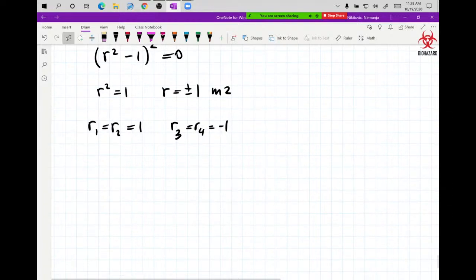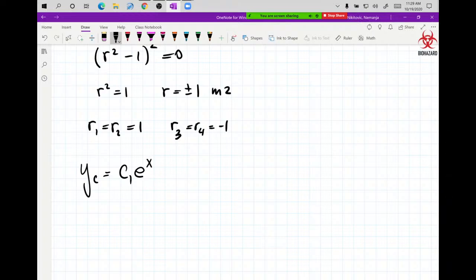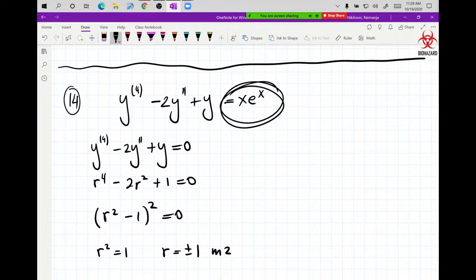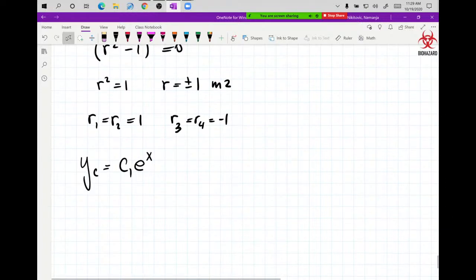Solution. So now when you write this yc, it has to be c1 e to the x. Was it x or t? You know, on this side, if they use t's, it's in terms of t's. If they use x, it's in terms of x. So c1 e to the x plus c2 x e to the x, right?